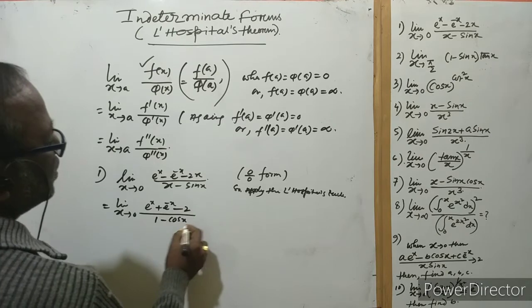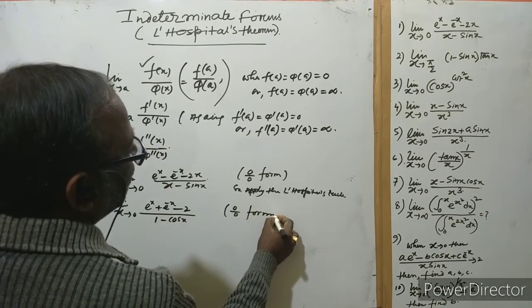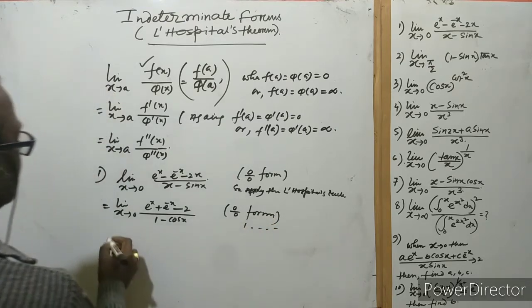Again, if x tends to 0, again 0 by 0 form. So again apply L'Hospital's rule.